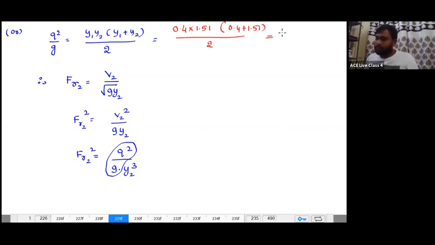So what about this value? 0.4 into 1.51 into 0.4 plus 1.51 by 2. This value is going to be 0.576. Now you substitute 0.576 by Y2 cube. What is Y2?